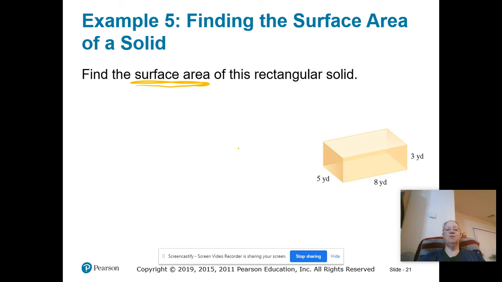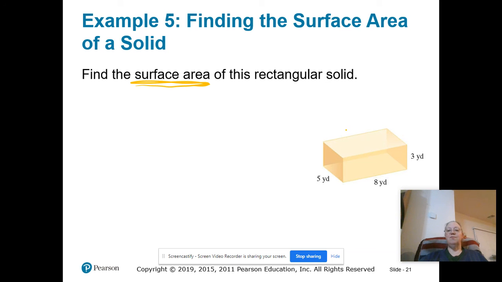Okay, so surface area gives us the area of the surface of the wall, right? So I want to find the area of the top, and I want to find the area of the bottom. They are going to match.